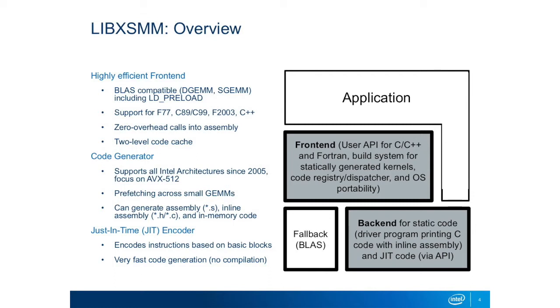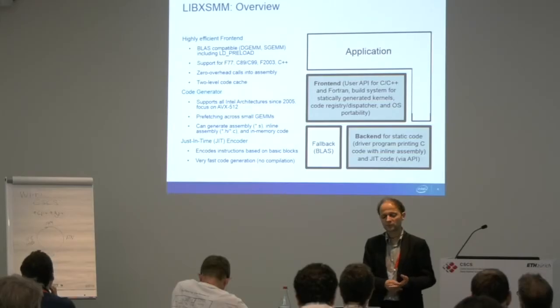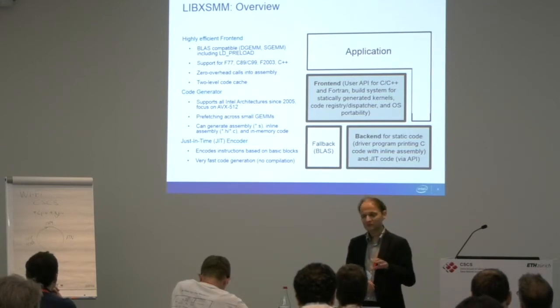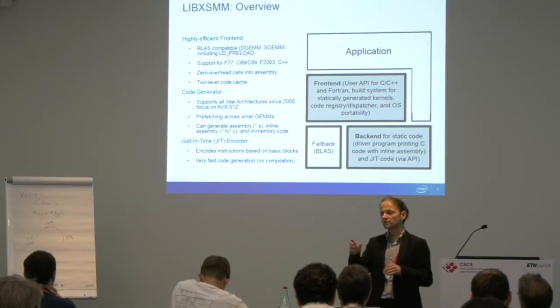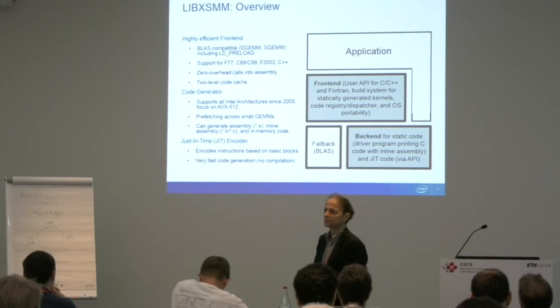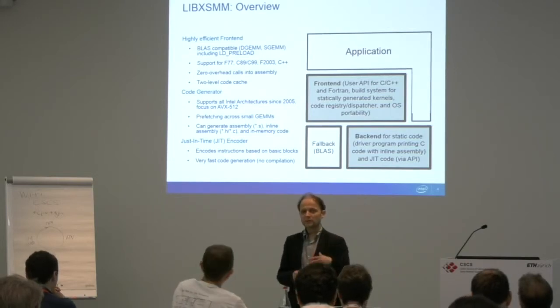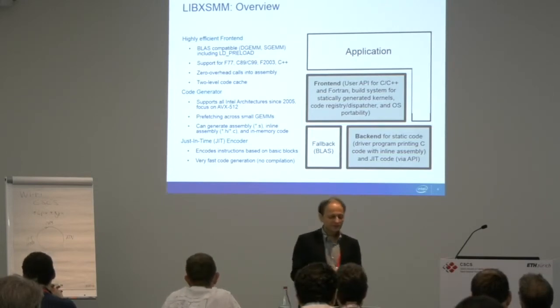And at the same level, we have a backend that generates static or just-in-time code for these matrix multiplications. Then we have a front end that exposes either a GEMM-compatible API, or gives you these additional functions that you looked at before, like requesting a code version or calling something like this.